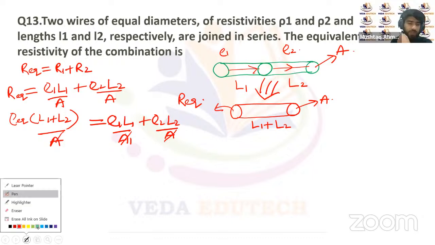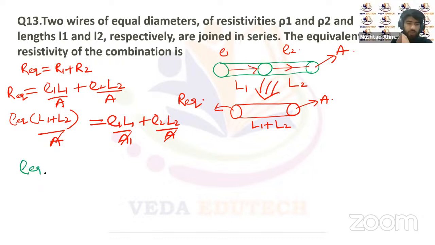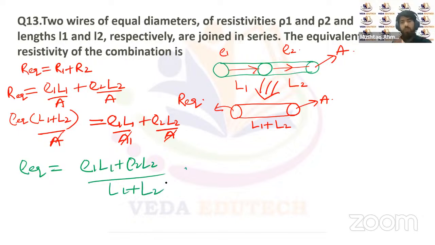We are left with the final answer: the equivalent resistivity of this combination will be rho 1 L1 plus rho 2 L2 upon L1 plus L2. This will be the final equivalent resistivity of this conductor.